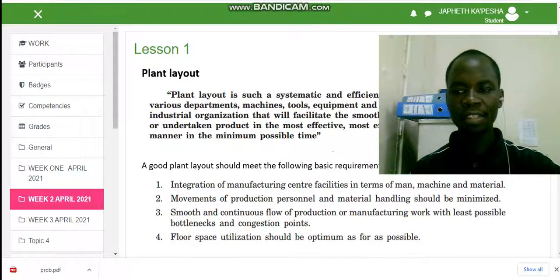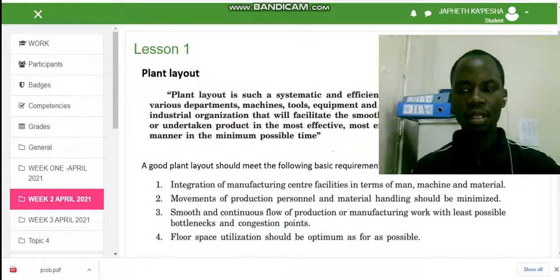Here bottlenecks means the disturbances to the flow of the materials, or the disturbances to the production efficiencies, like time wasted, maybe there is a delay for a particular item to be produced. So those factors must be reduced.